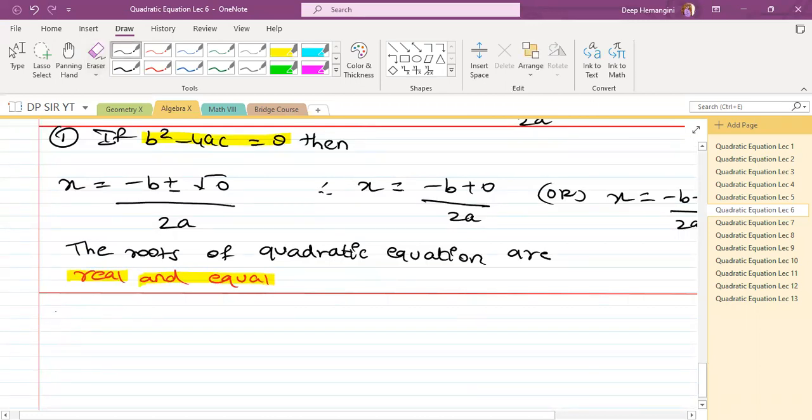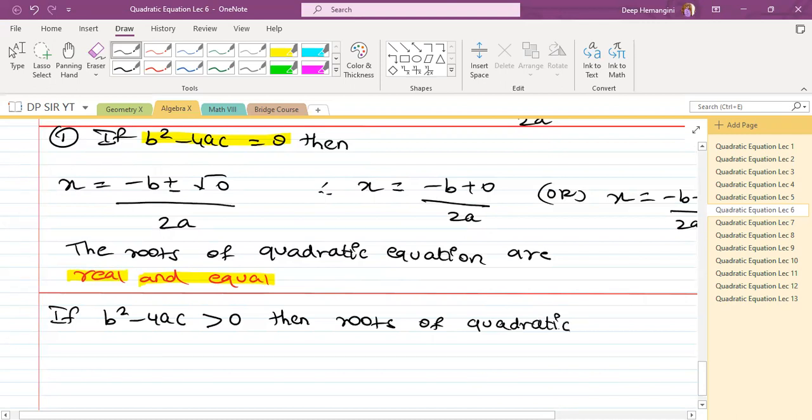Now the next possibility is if the value of b square minus 4ac is less than 0, then what will happen? The roots of the quadratic equation are not real. Or rather real and unequal, sorry, the roots of the quadratic equation, then. I'm not going into much detail, just remember this: then the roots of the quadratic equation are real and unequal.